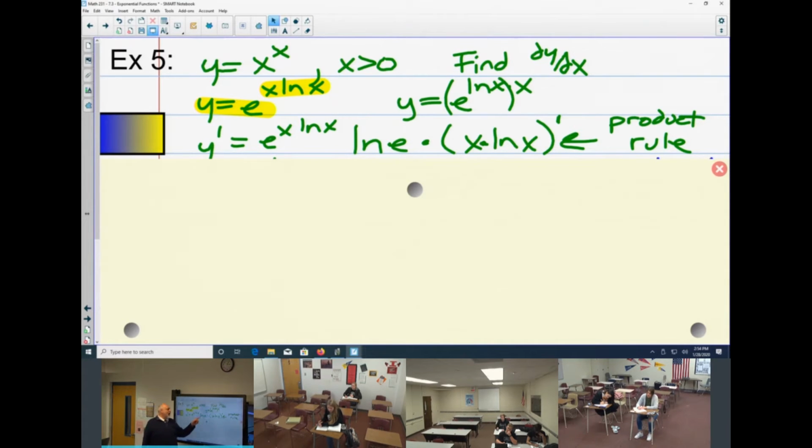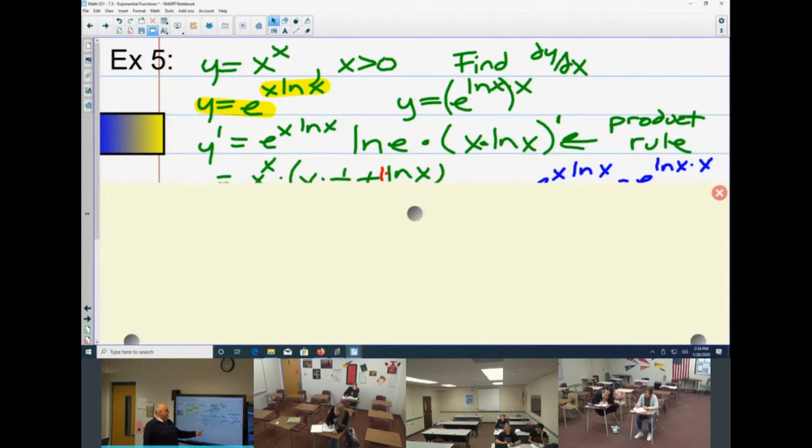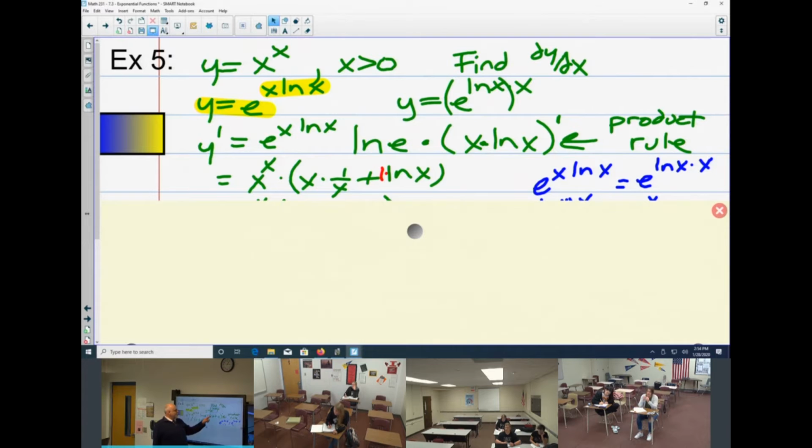And we need to take the derivative of that. In order to do that, we're going to have to use the product rule. So we've still got some more work to do. To do the derivative of that, the product rule, we take the first, x, times the derivative of natural log of x, which is 1 over x, plus the derivative of x, which is 1, times the second, which is natural log of x.